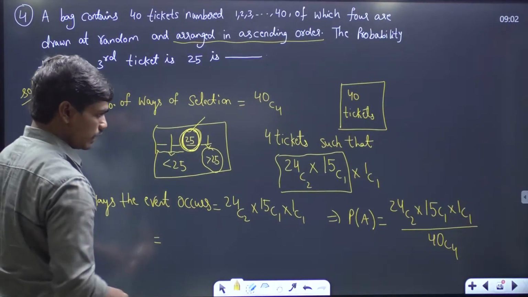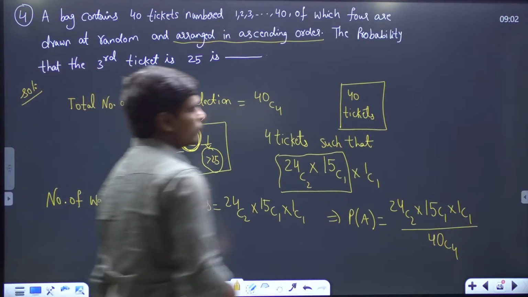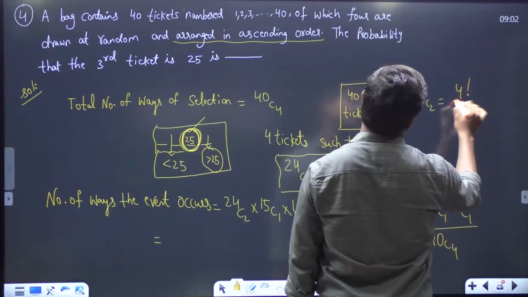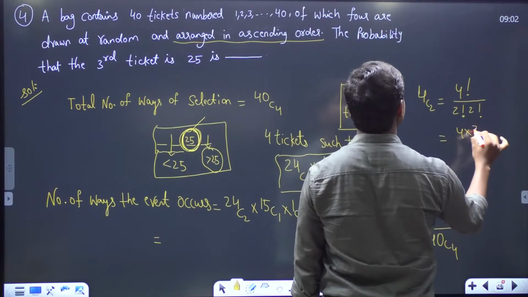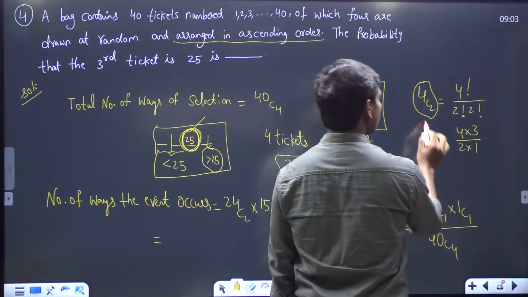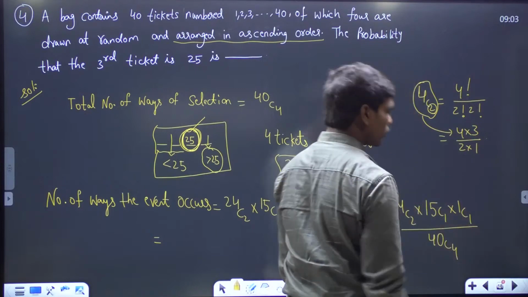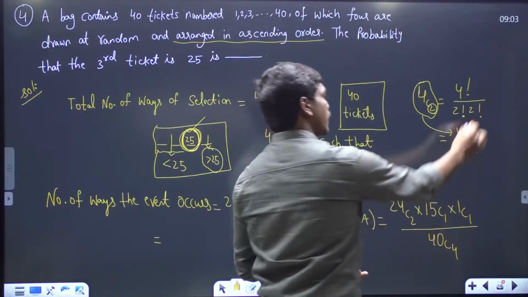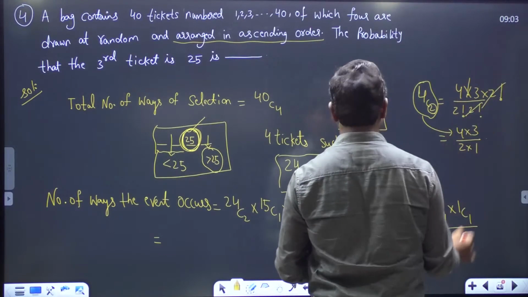So see here, 24C2 is, generally if you have 4C2, you will be writing 4 factorial divided by 2 factorial into 2 factorial, correct? But this is the same as 4 into 3 divided by 2 into 1. Means if you are asking for 4C2, you can write till 2 digits and this factorial in the denominator, because the 2 factorial which we are writing here will get cancelled.